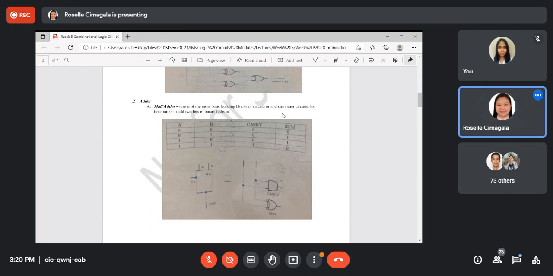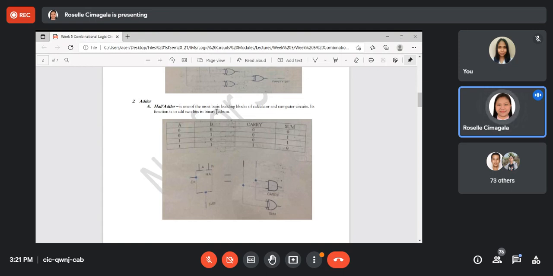Multiplication is addition, but you are adding multiple times. Division is also addition, adding parts of a whole. So clearly, it is all addition. That's why the adder, especially the half adder, is called the basic building block of calculator and computer circuits.